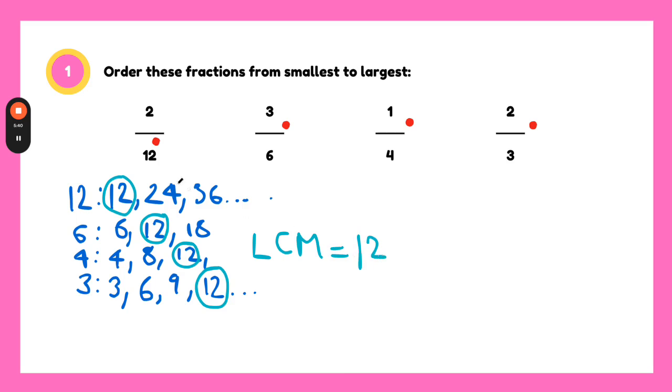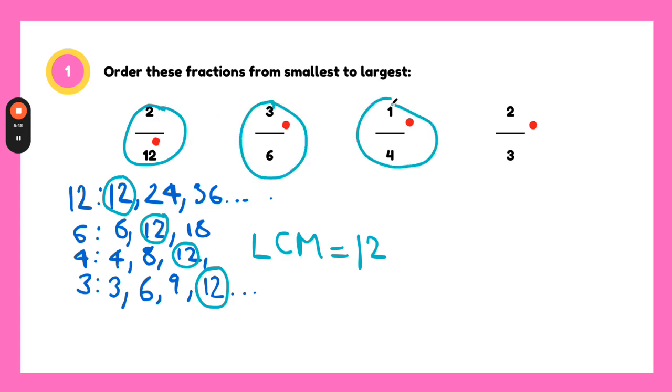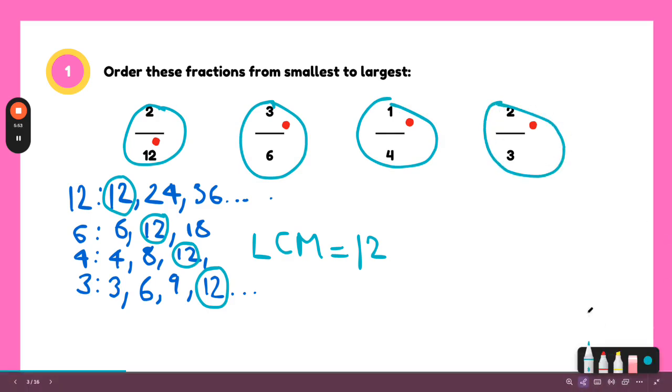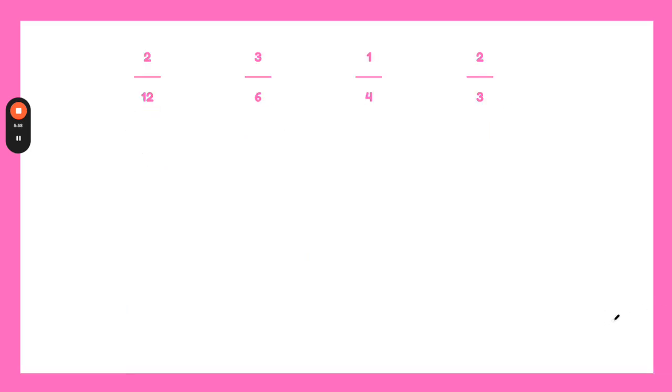So we now have to convert each of these fractions into equivalent fractions with denominator of 12. If we move on to a new page, 2 over 12 already has denominator 12, so we don't need to convert it. But the rest of the fractions need to be converted.